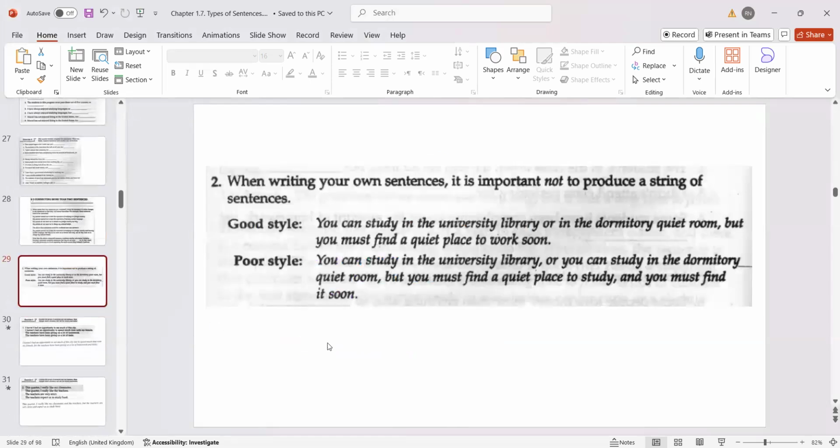are preceded by a comma if they join two sentences.